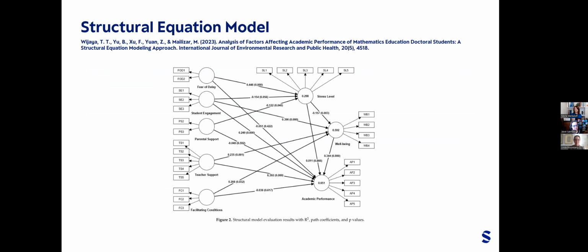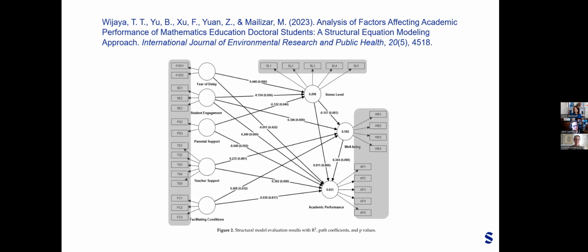So an example of a structural equation model is this, drawn from another study. But basically, structural equation modeling involves a measurement model whereby we measure our latent constructs using indicators or items of questionnaires, and a structural model which involves the interrelationships of constructs. And a structural equation model would assess the fit of the model we have drawn to the data and validate the model.